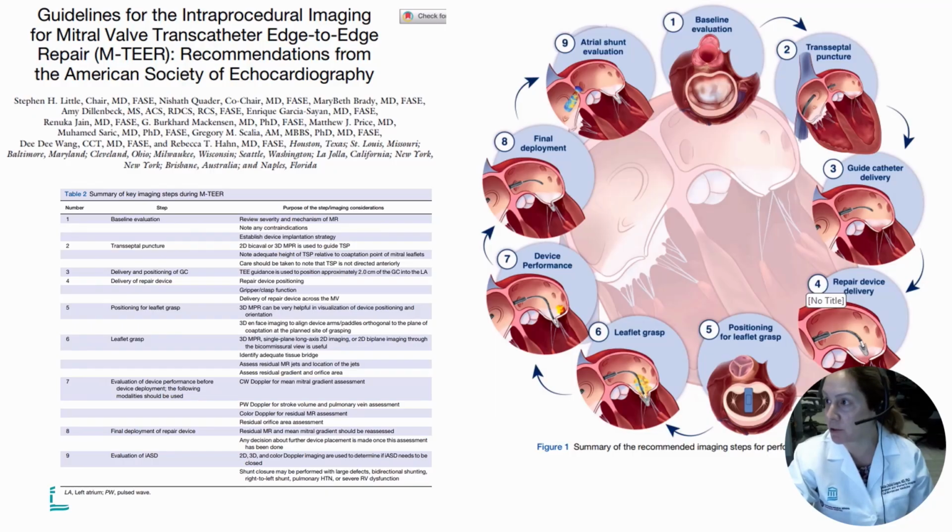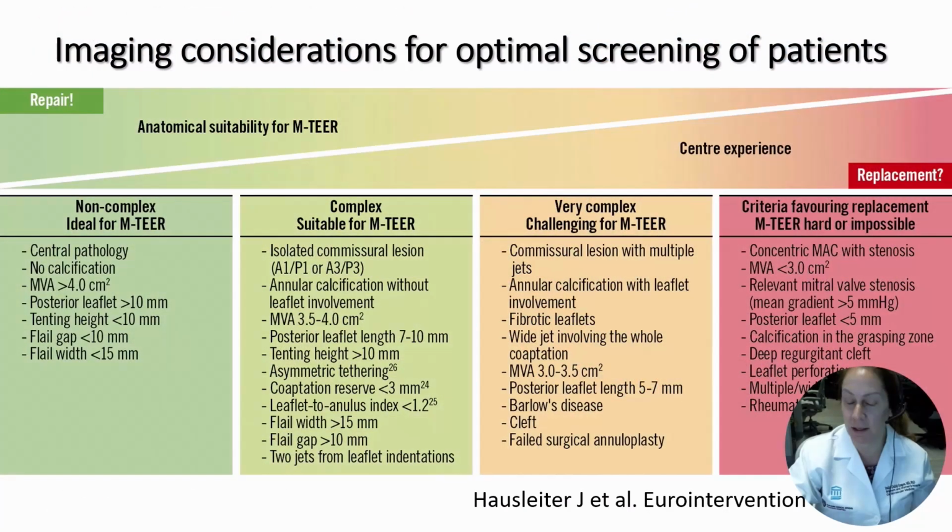Then we have the transseptal puncture, the guide catheter delivery, the repair device delivery, the positioning for the leaflet grasp, then the leaflet grasp, which is so important in TEER, then the device performance, the final deployment, and of course the atrial shunt evaluation. These are important steps to make sure you do not forget anything during the MitraClip procedure.